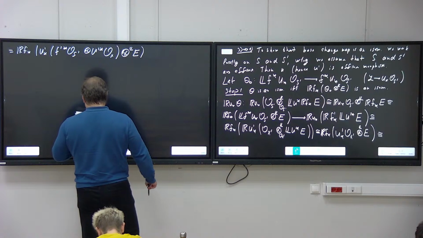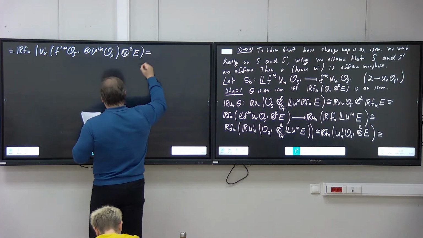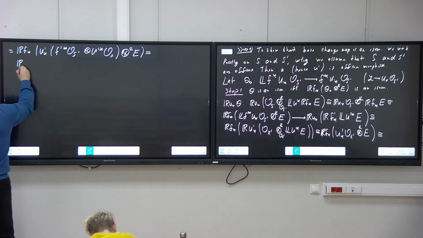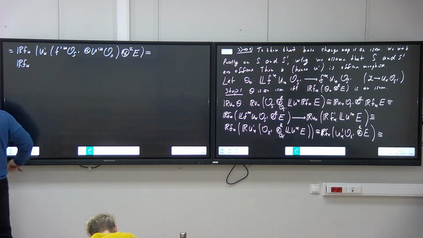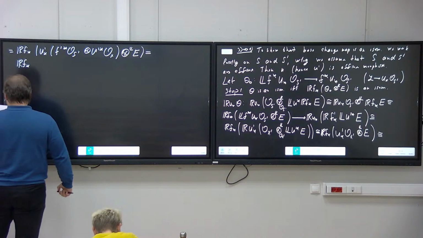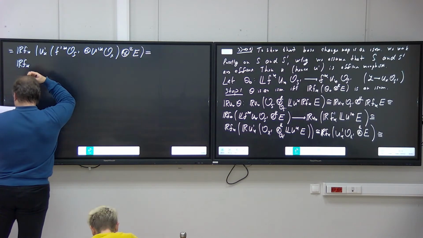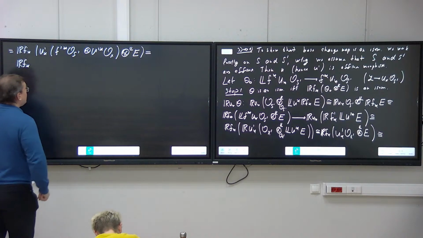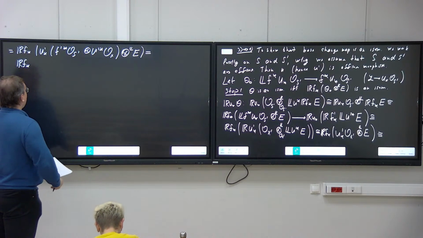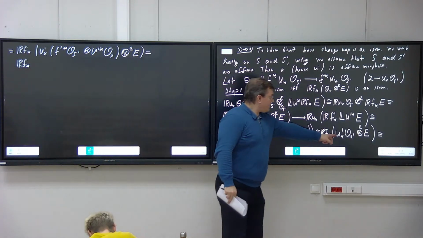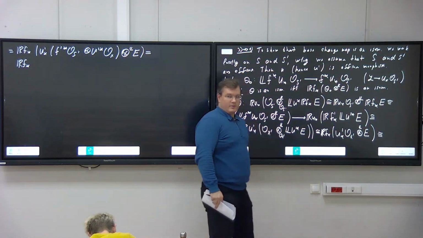For the next step, I keep the R F lower star. Why is the product underived here? Because I want to obtain as an argument of this functor just the structure sheaf of X prime.